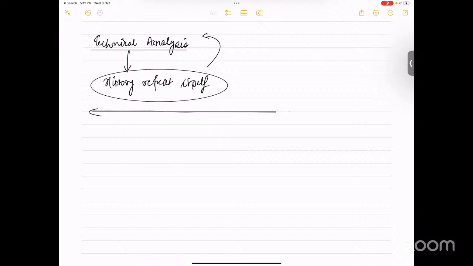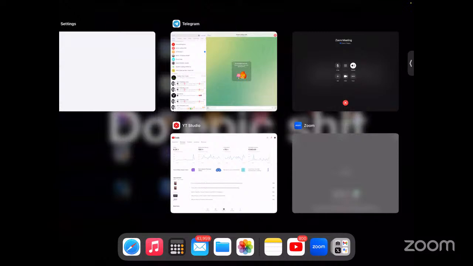ठीक है. So candlestick is broken into दो. There are two candlestick types.